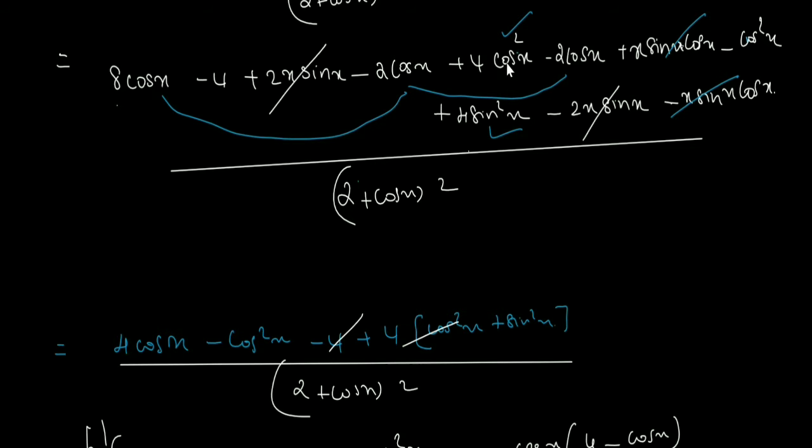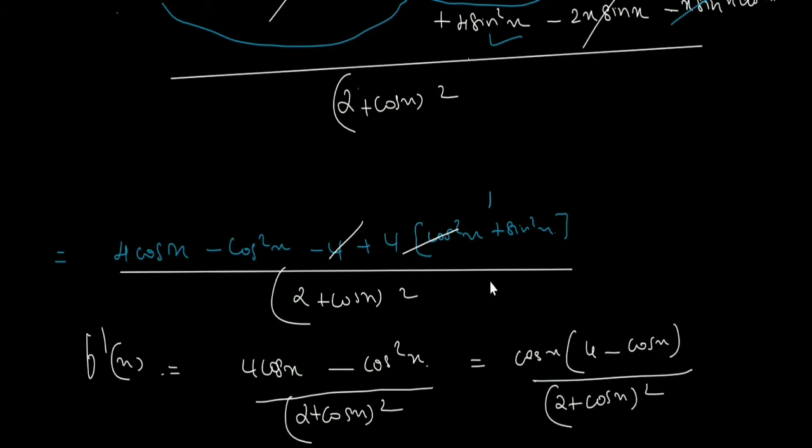So that will give you 1. So minus 4 plus 4 into 1, that is minus 4 and plus 4 get cancelled. Because sin square x plus cos square x is 1, this will become plus 4 and minus 4 get cancelled. So you get 4 cos x minus cos square x by the denominator.